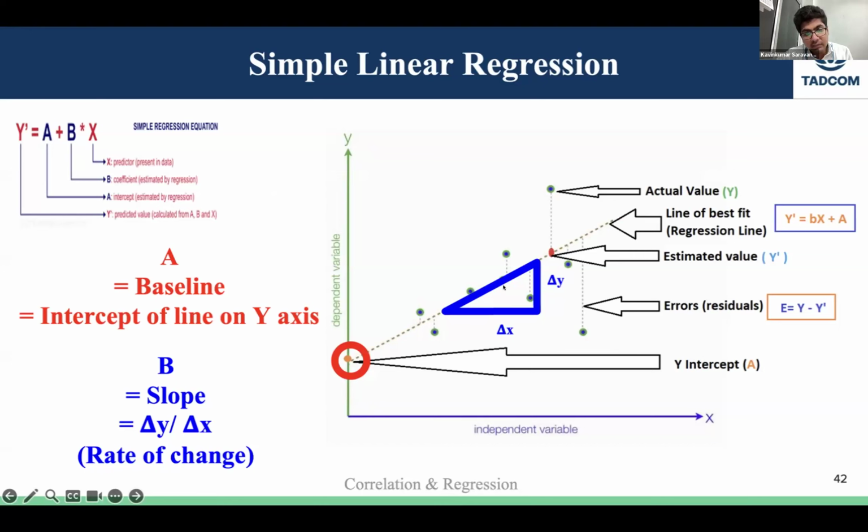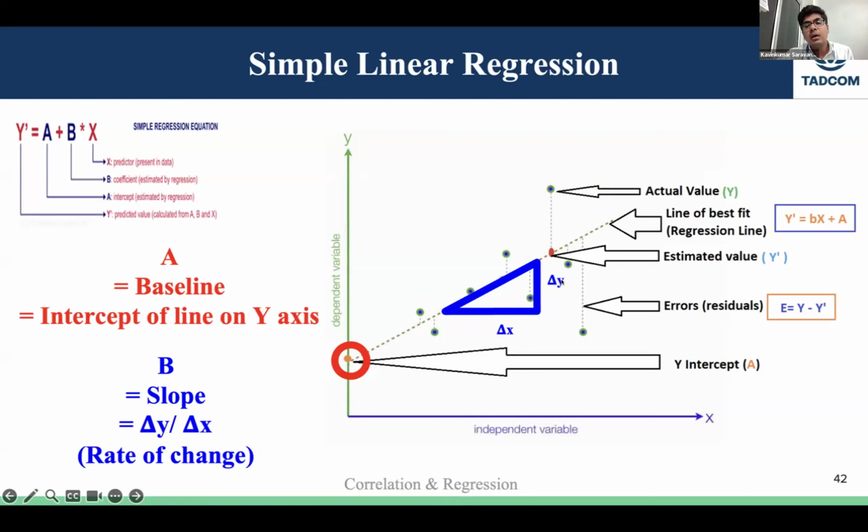This line will be extending towards the y-axis. So this line will be meeting at some point on the y-axis. That point is taken as the baseline or intercept on the y-axis. That value is noted down. Then b is nothing but a slope, which gives you delta y divided by delta x.